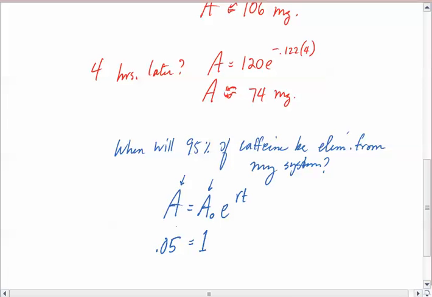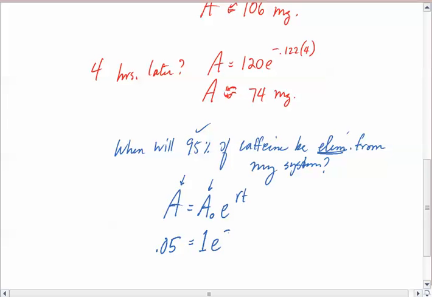When will I have 5% in my body? Because 95% has gone, that would leave me only 5%. So when will 95% be already gone from my system? When 5% remains, and that's what I'm going to put in there. It's kind of like half-life. When will I have half of it, 50%? But here, when will I have only 5%?